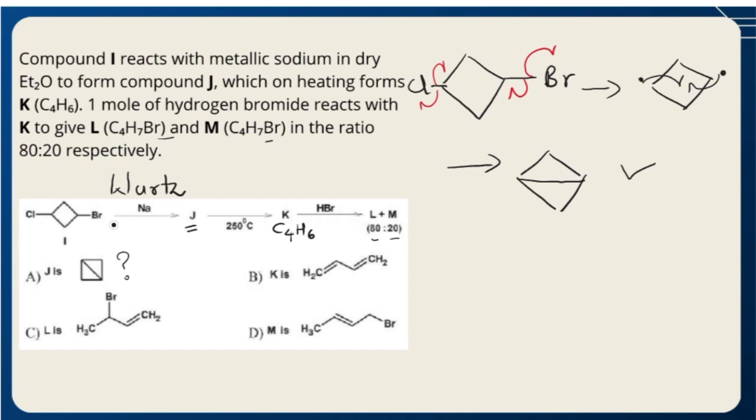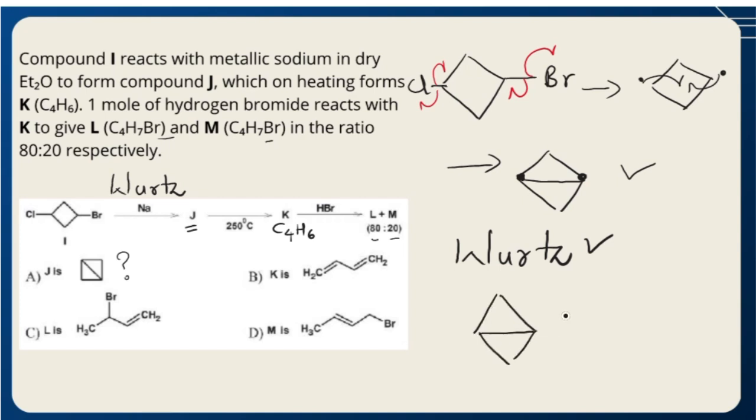Reaction is more favorable. That's why it will undergo intramolecular Wurtz reaction. Hence, you are going to get a cycloalkane and it's called bicyclo. Why so? Because you see there is one ring here, the other one ring here, which are bridged between these two carbons. That's why we call such compounds as bicyclo compounds.